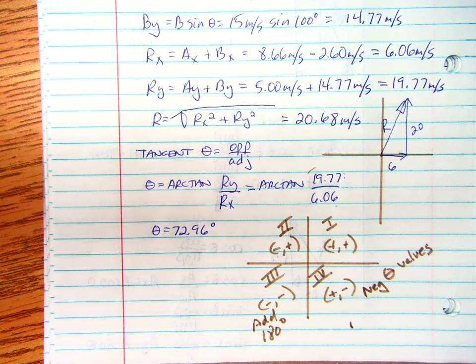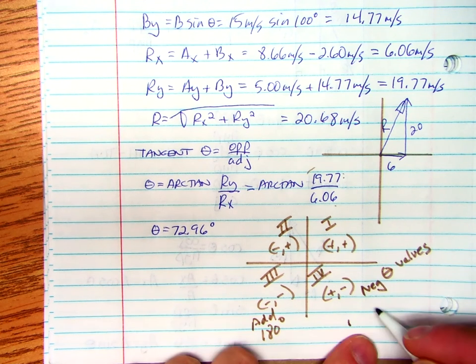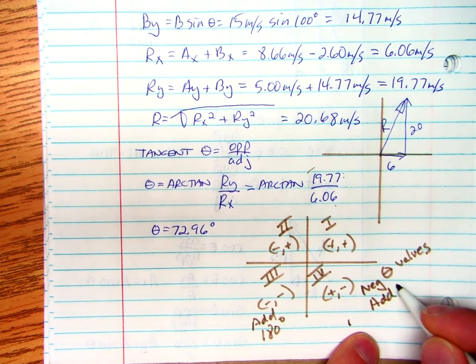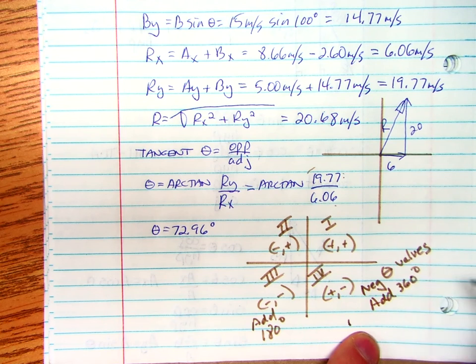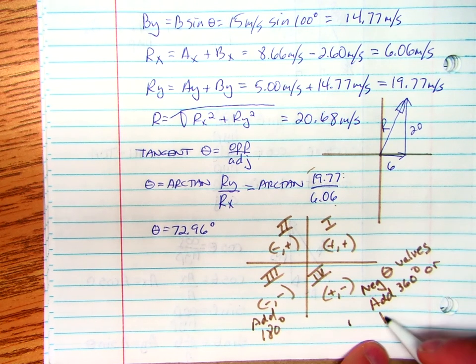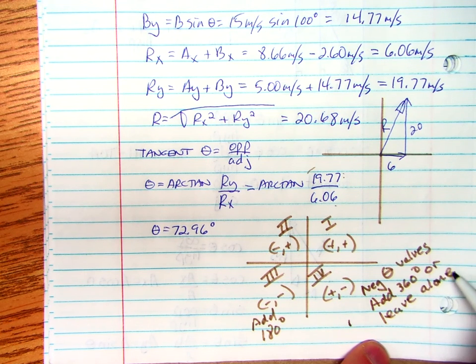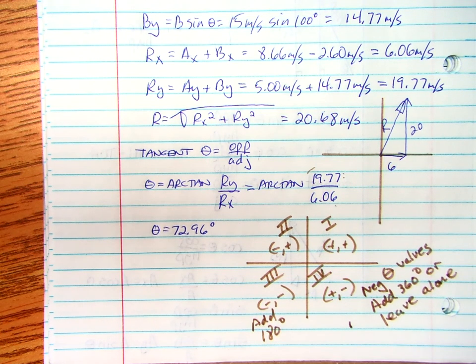If you want to leave it as a negative, that's fine, your answer is right. But if you would like it to be positive, then you have to add 360 degrees to it. You can add 360 or leave it alone.